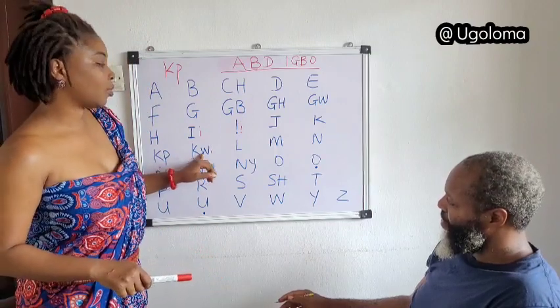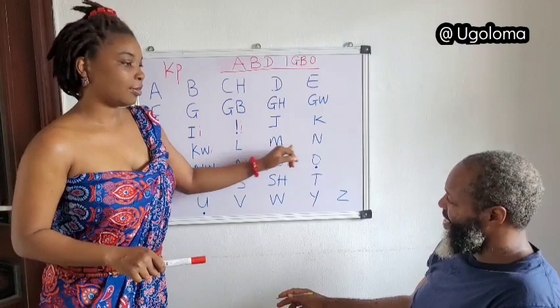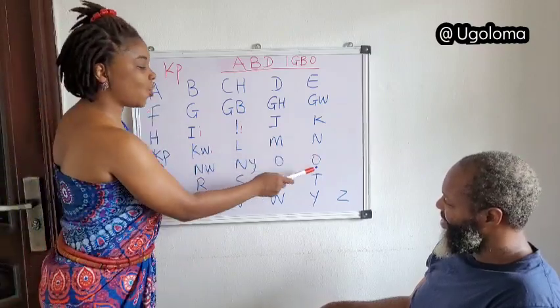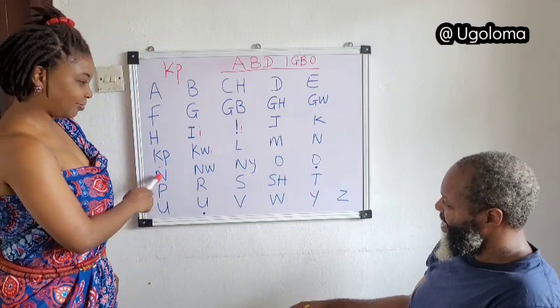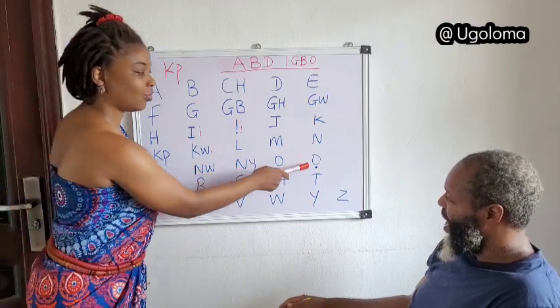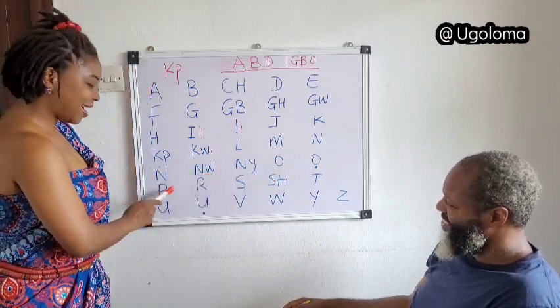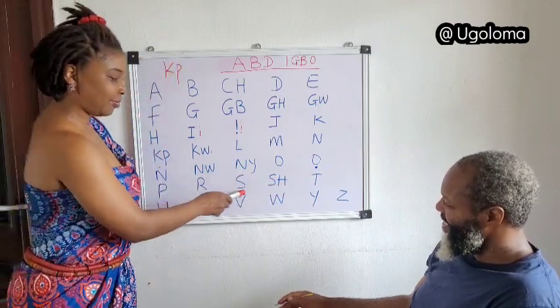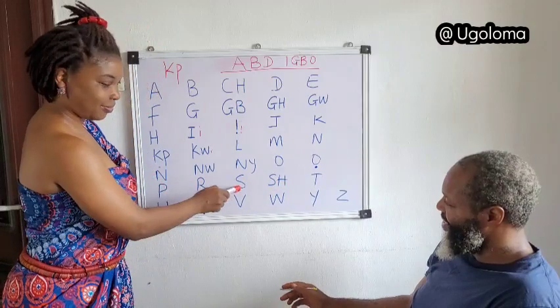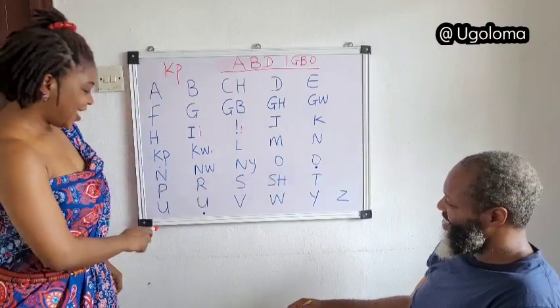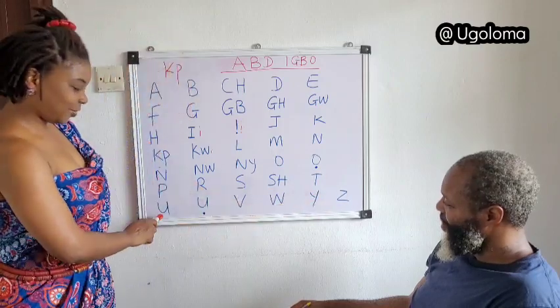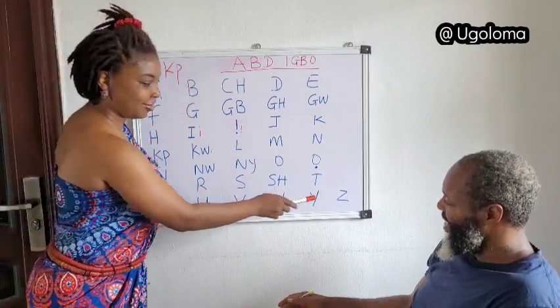Gwe, le, me, ne. Nye, wi, ni, o. Nye, mwe, nye, o, a. Pere, se, shete. Woo! U, o, vi, we, ye, ze.